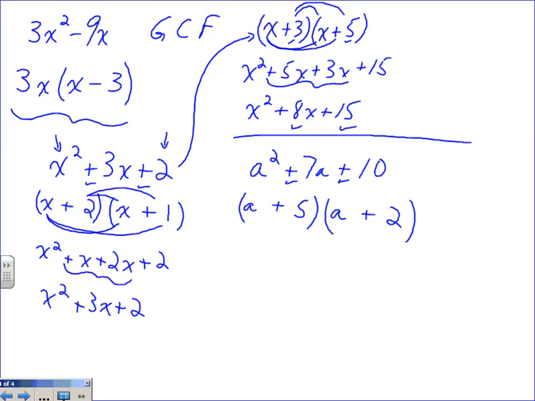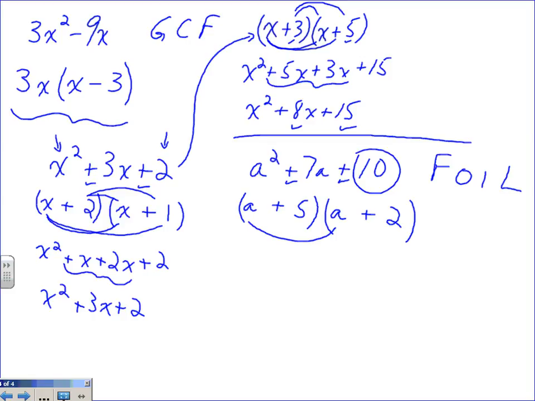How do I know that's right? In your head, multiply the first two terms together using FOIL. a times a, I get a squared. Multiply the last two terms together. 5 times 2, good, I get 10. So I have a squared and I have 10.